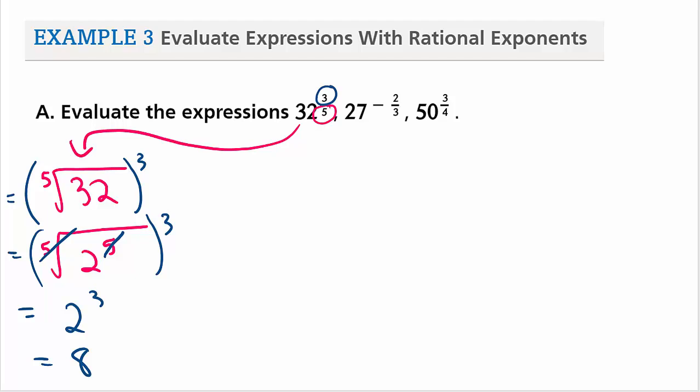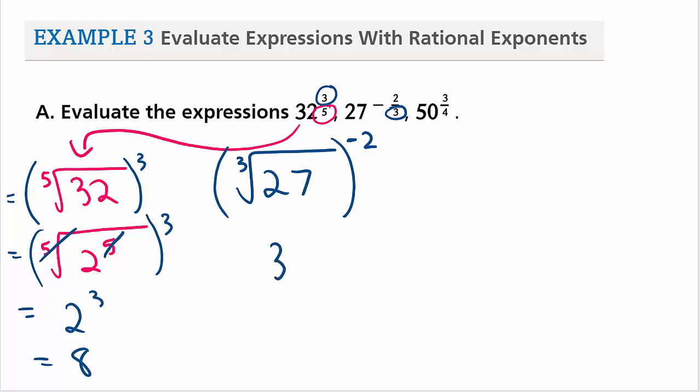The next one, 27 to the negative 2 over 3. We're going to start with the 3, so that's the cube root of 27, and then I'm going to raise that to the exponent of negative 2. We can't have a negative on our radical. So we're looking for 27, which is the same as 3 cubed. Then we take the 3rd root of that.